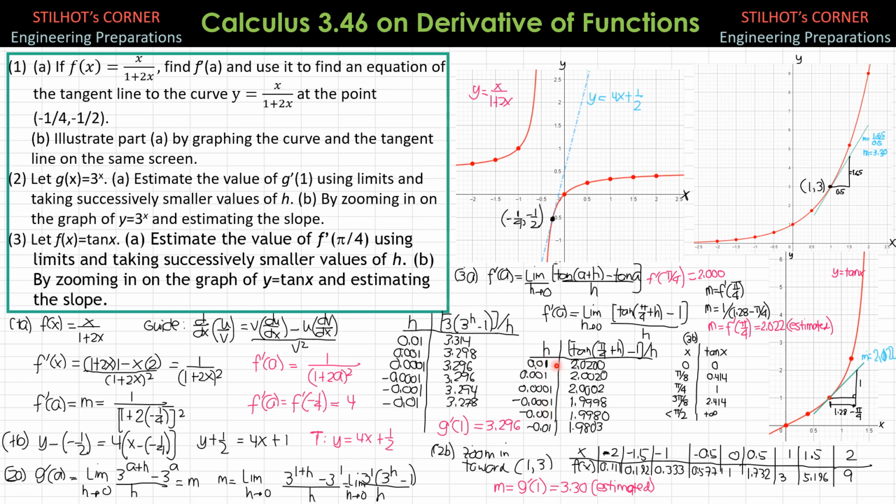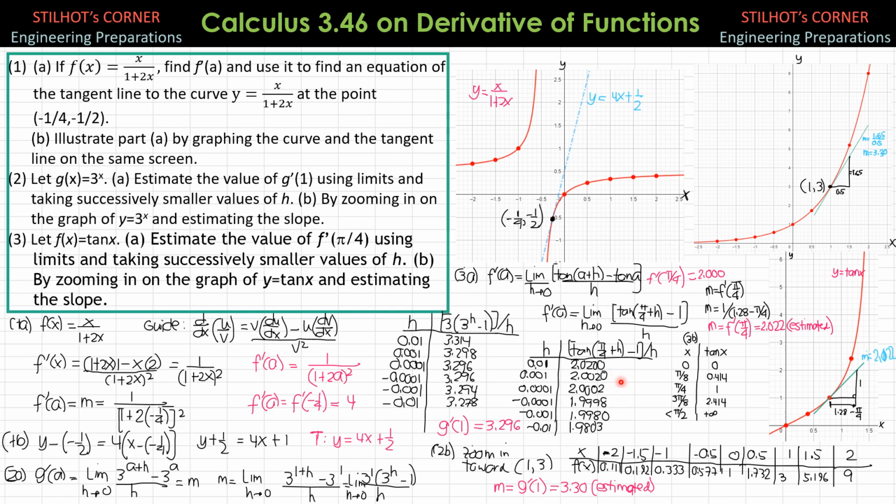So we begin with 0.01. Then the value here at the right is 2.0200. At 0.001, it is 2.002. So there is now a pattern that when h approaches 0, it is 2 because the value is close to 2. The derivative of tangent x is supposedly secant squared x, if you know, but we are tasked to just evaluate using limits.